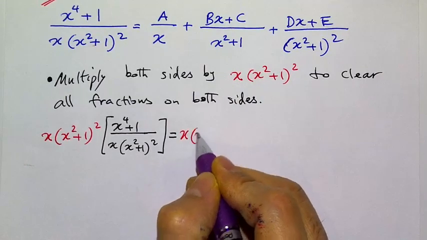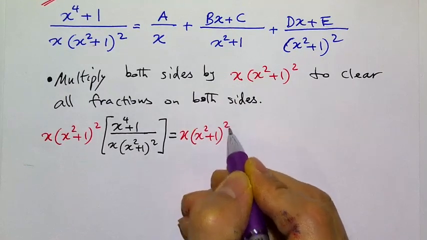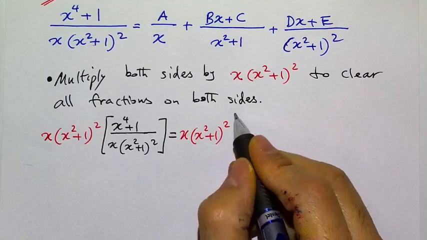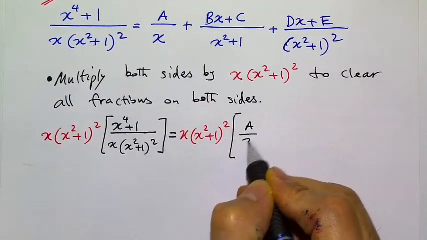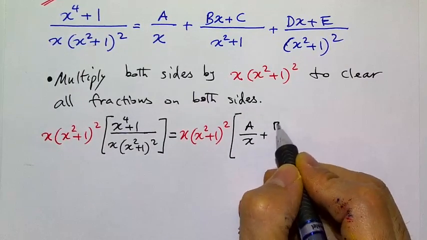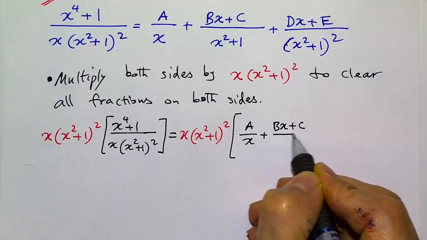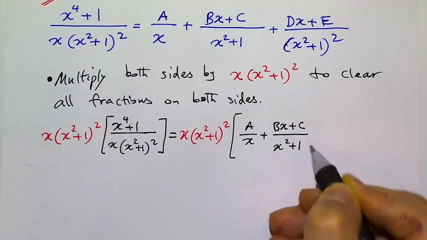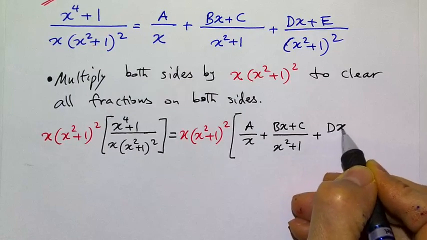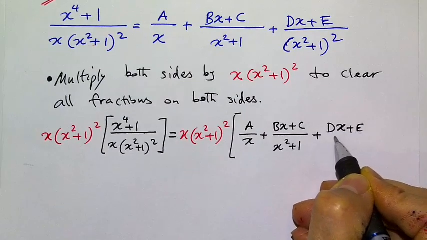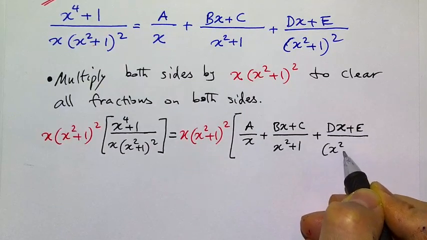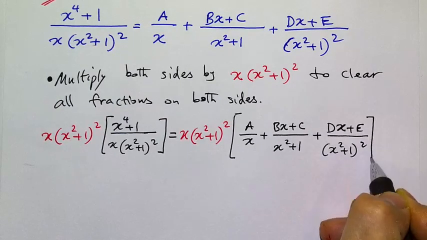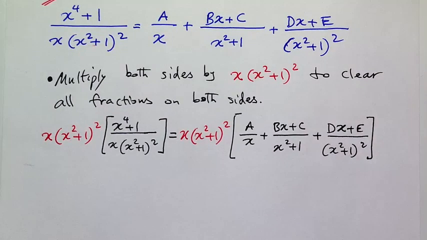So we have x times (x squared plus 1) squared times A over x plus (Bx plus C) divided by (x squared plus 1) plus (Dx plus E) over (x squared plus 1) squared, like that. Okay?